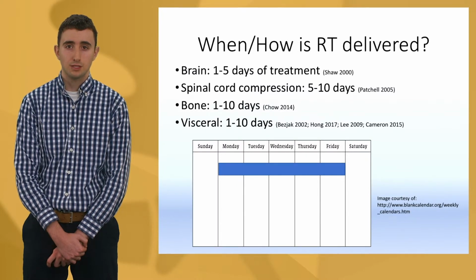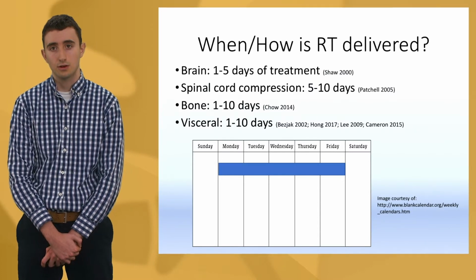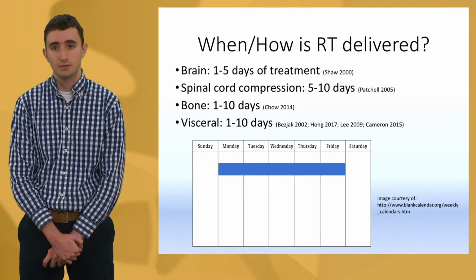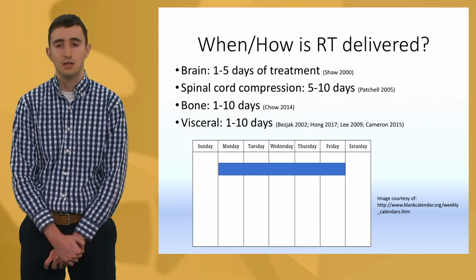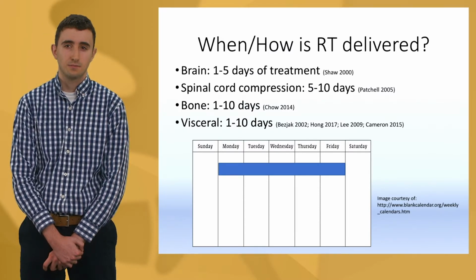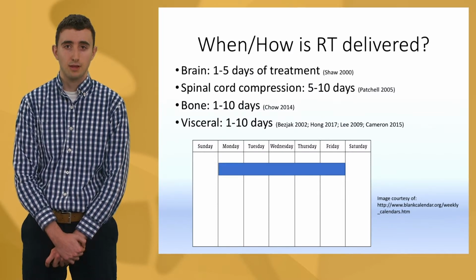The number of treatments a patient receives is dependent on the tumor and tumor characteristics, such as size and positioning next to other organs, as well as high-level evidence from phase 3 randomized controlled trials evaluating different treatment schemes. I like to think generally about the time course for palliative radiation in 3 major groups: 1-day treatments, 5-day treatments, and 10-day treatments. Treatment is typically Monday through Friday, so this translates to 1 day, 1 week, and 2 weeks.